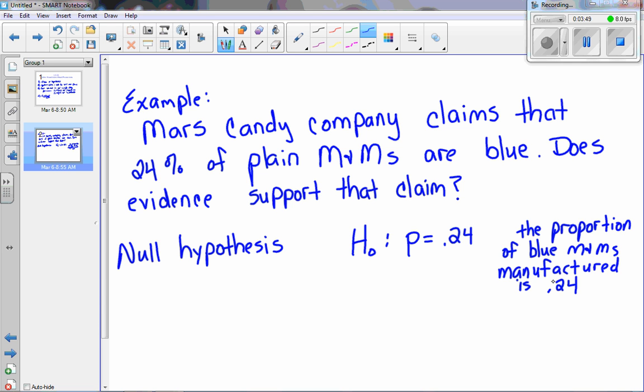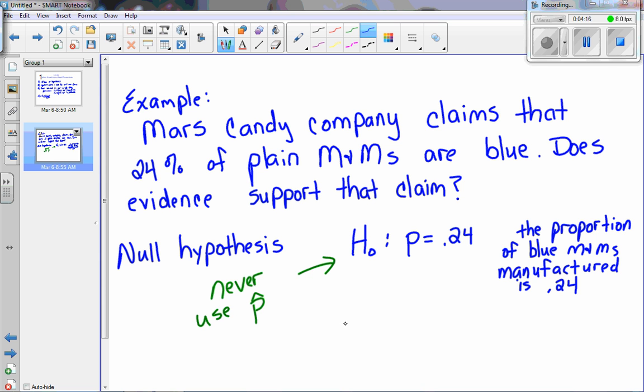And that's a good habit to get into, because later when you give your interpretation, you can look back up to the words you used and use those same words. Now, one thing I want to point out is never, ever, ever use p hat. Your hypotheses are always about the parameters, never about the statistic.